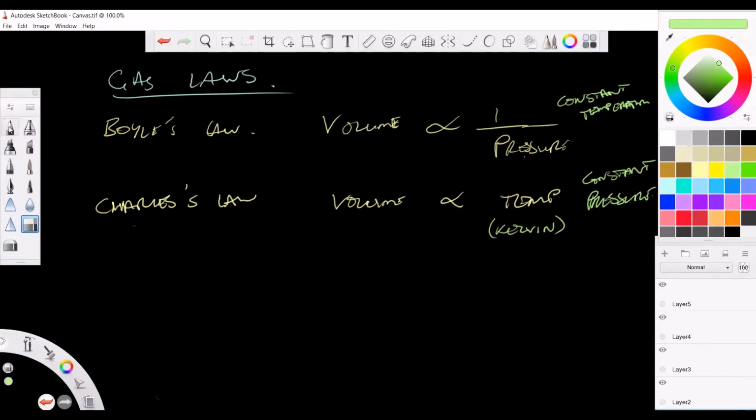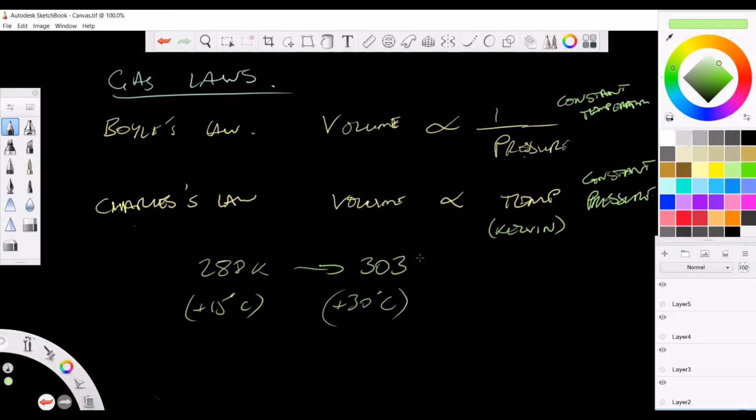Yeah, so the volume of a gas is proportional to the temperature in Kelvin. So if I have a gas, let's say at 288 Kelvin, which is plus 15 degrees Celsius, and I increase the temperature to, let's say, 30 degrees Celsius, well, that's going to be 303 Kelvin, isn't it?